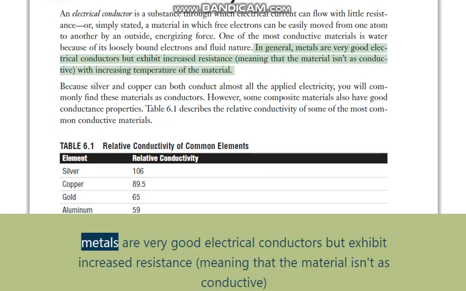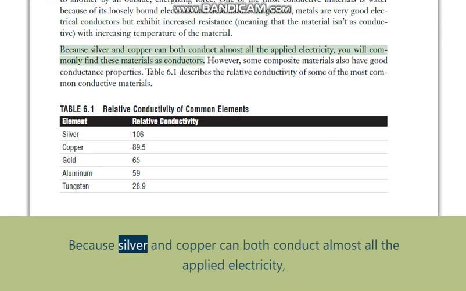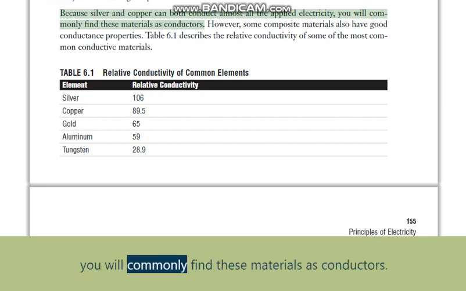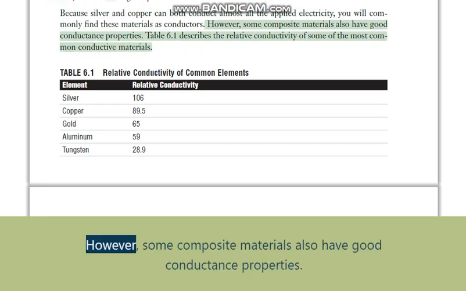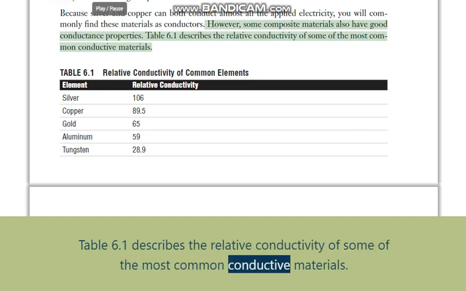In general, metals are very good electrical conductors, but exhibit increased resistance, meaning that the material isn't as conductive, with increasing temperature of the material. Because silver and copper can both conduct almost all the applied electricity, you will commonly find these materials as conductors. However, some composite materials also have good conductance properties. Table 6.1 describes the relative conductivity of some of the most common conductive materials.